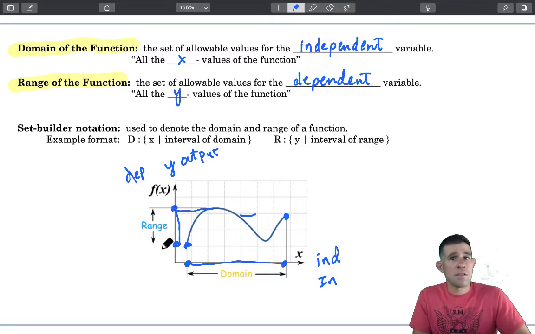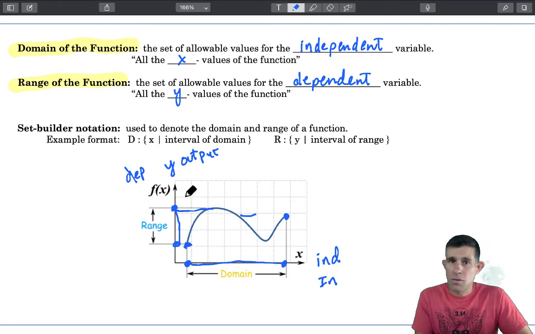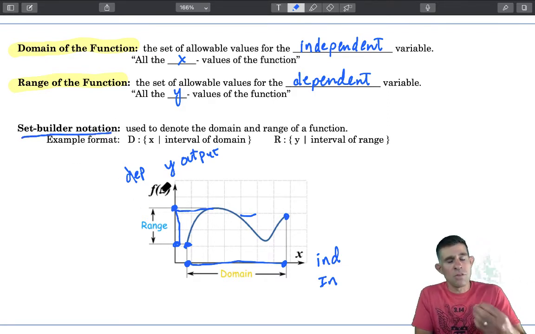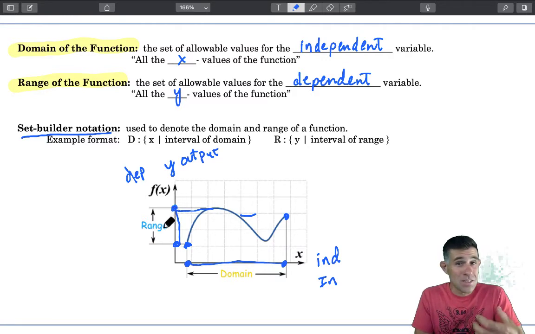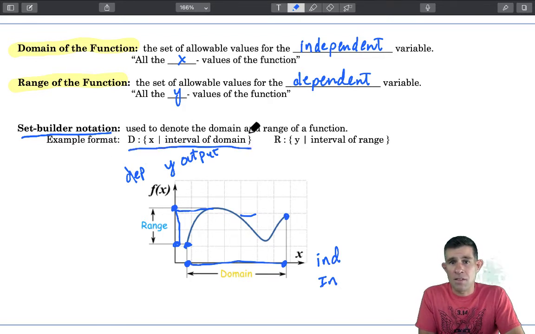We'll get lots of practice with that throughout the course of the year. One form of notation that we use to express our domain and our range is known as set builder notation, and it has a specific format. It's got these little braces. For the domain, D, colon, an open brace, the x value, because the domain represents the x values, and then it gives the interval of the domain.